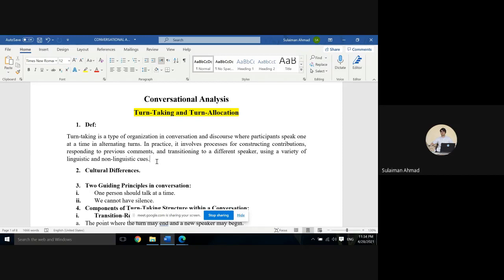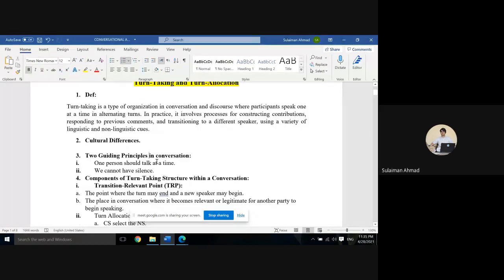Remember, there are cultural differences with regard to turn taking and turn allocation. There are some cultures where two or three people may speak at the same time. There are certain cultures where people have to wait for certain transition relevant points. A transition relevant point means a point where it is allowed for you to take the turn.